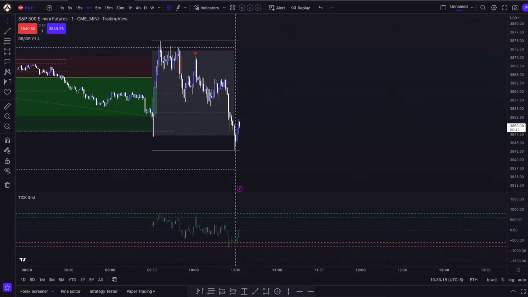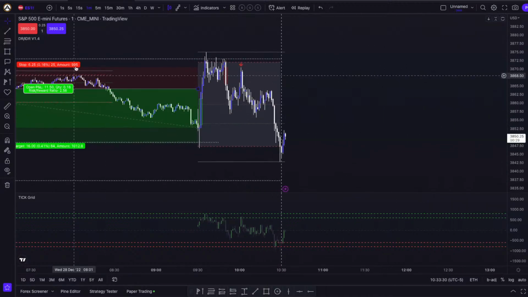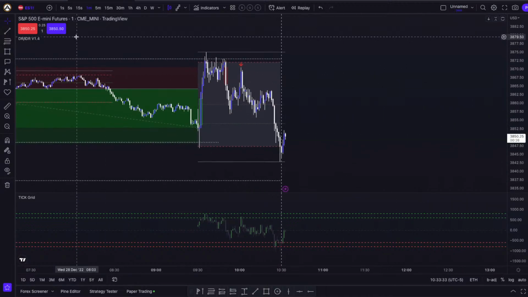There is a reason why I have my time zone here at UTC -5, because it's an S&P 500 futures contract, and most of the volume over the whole market usually happens during the New York session, the New York kill zone. You can also find a reason for why I'm using UTC -5 on my charts all the time based on the algo.